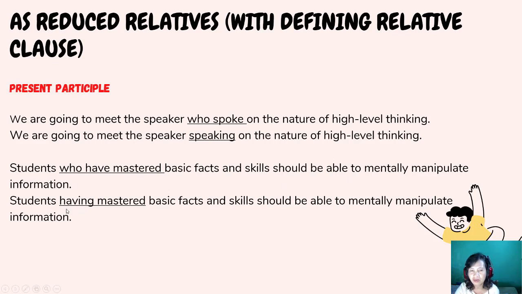So this is called a perfect participle. Students having mastered basic facts and skills should be able to mentally manipulate information. So see, you have some different tenses for the defining relative clause that has become the reduced relative. So verb 1 ing here doesn't mean that this is always in continuous.